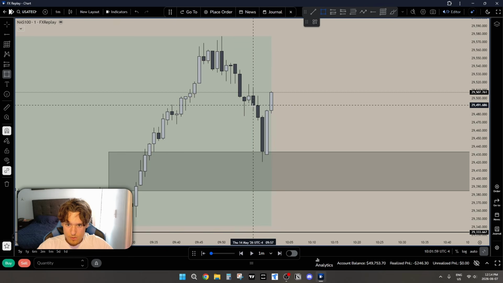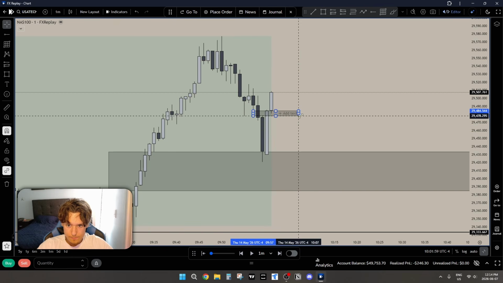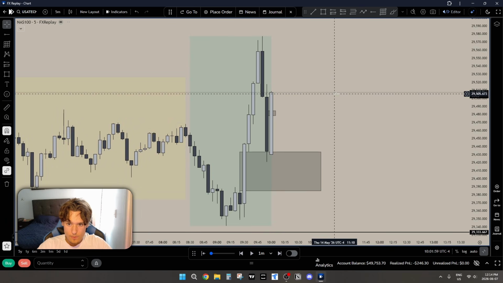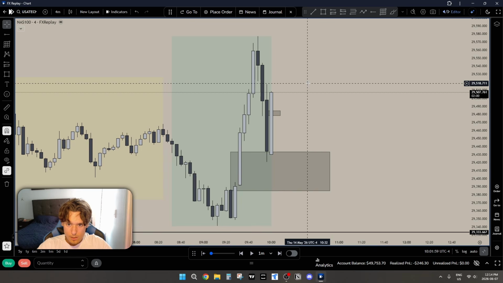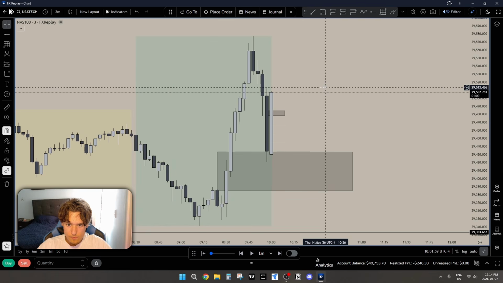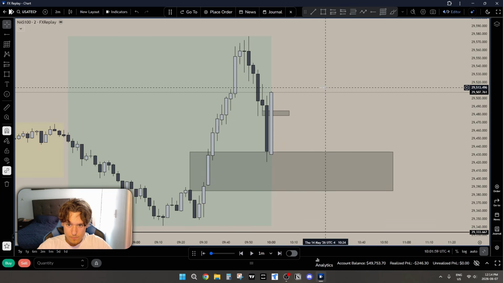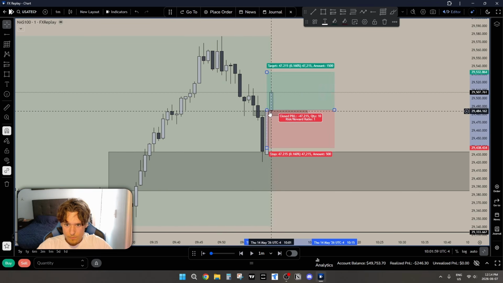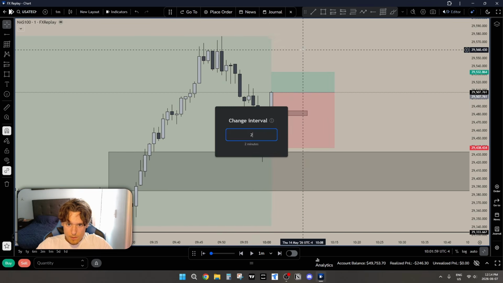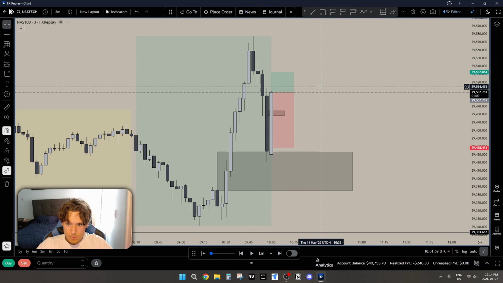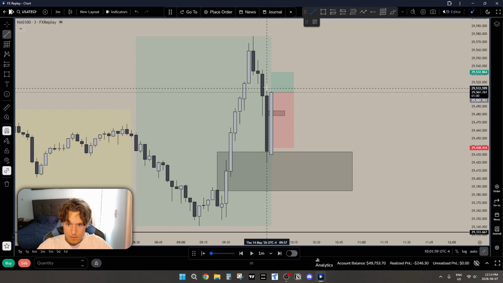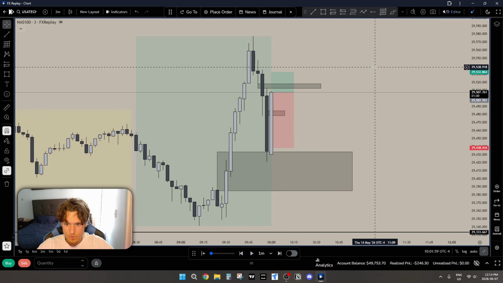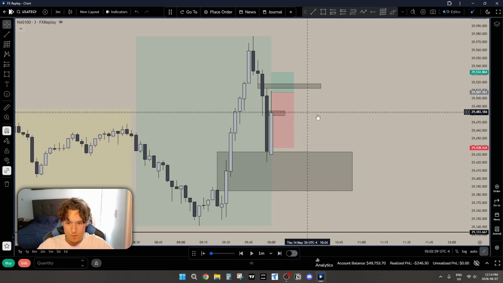Okay. So we got this 1 minute closure over here. This could be an entry. And I think it will be an entry. Only thing is this. I think I'll want to wait for this candle closure up here. Ooh, that was a good decision.